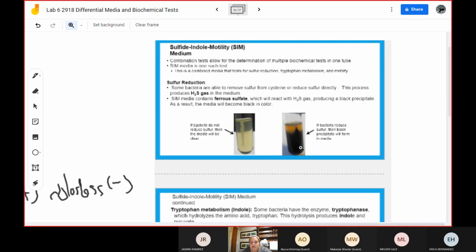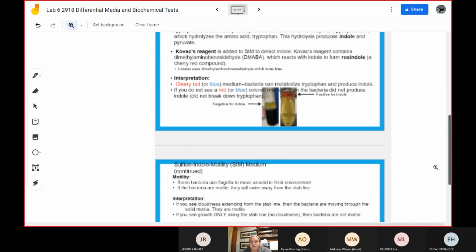This one over here, you have positive sulfur reduction because you see that black precipitate. You also can see where they stabbed it and that black goes out into the media. This means that it was motile, or positive for motility. And if they've added Kovacs reagent, it is negative for indole production.